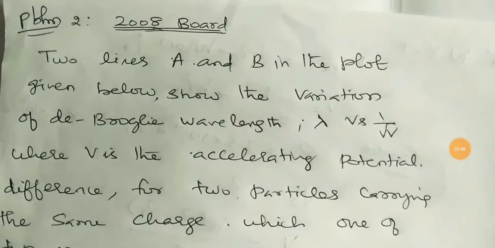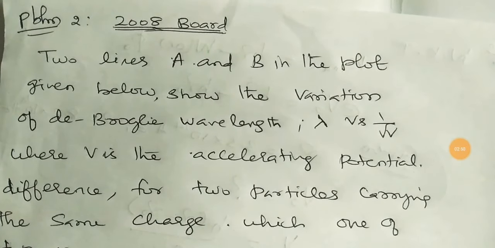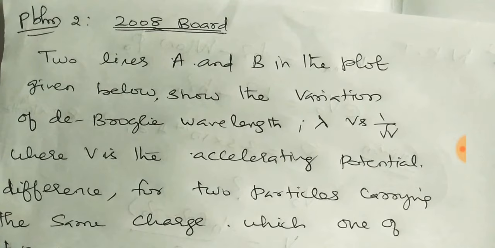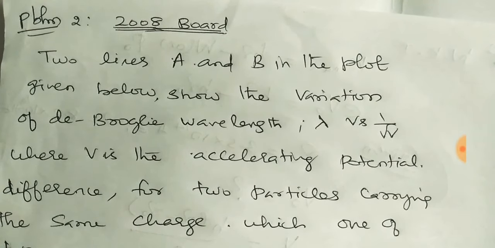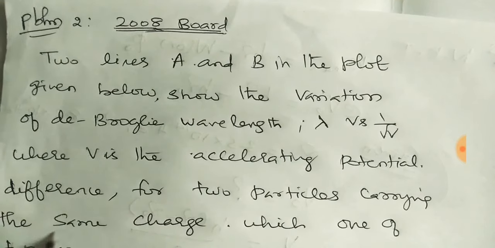Next we are going to see problem 2. This was a 2008 board question. Two lines A and B in the plot given below show the variation of the de Broglie wavelength lambda versus 1 by root V, where V is the accelerating potential difference, for two particles carrying the same charge.